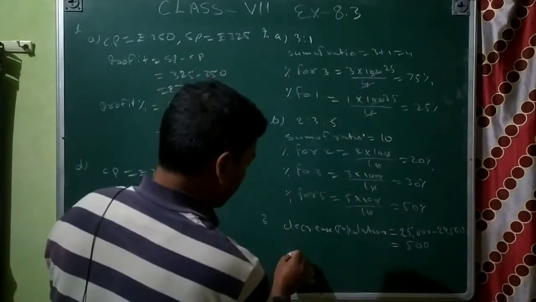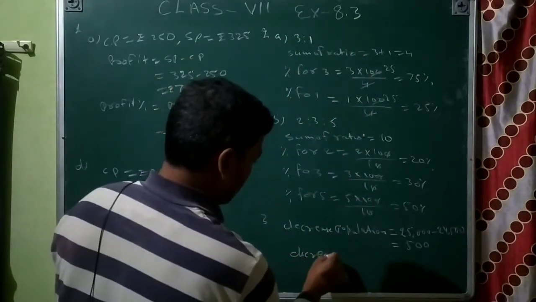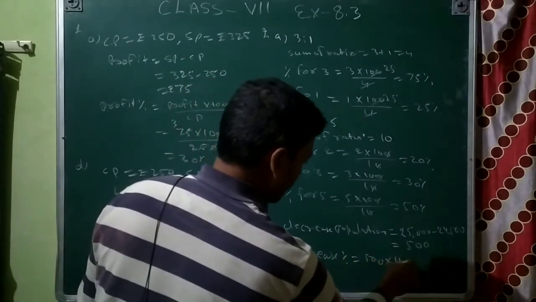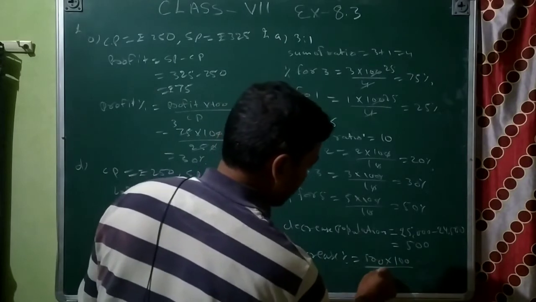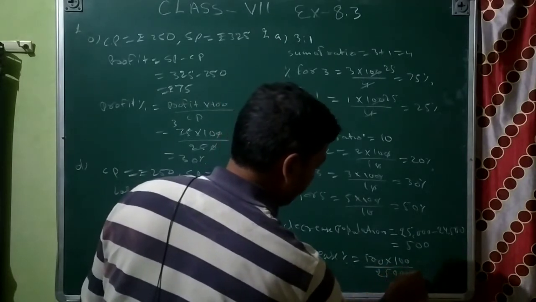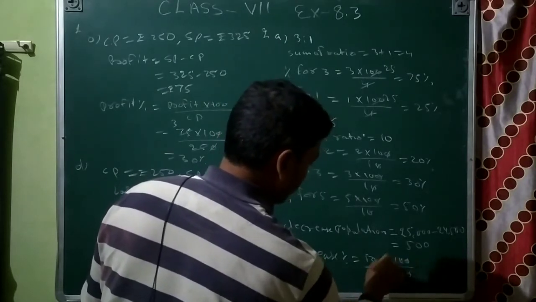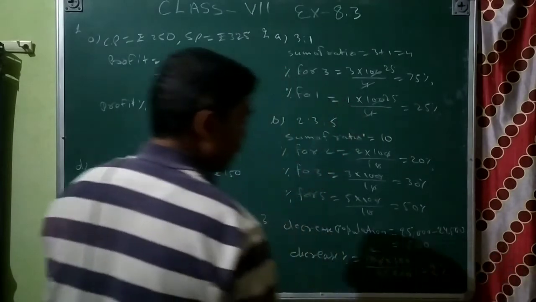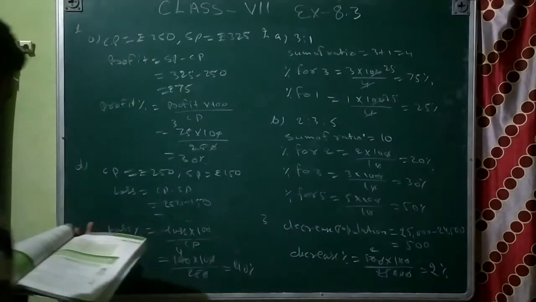So decrease percent is equal to 500 multiplied by 100 upon 25,000, that is a 2% decrease of that population.